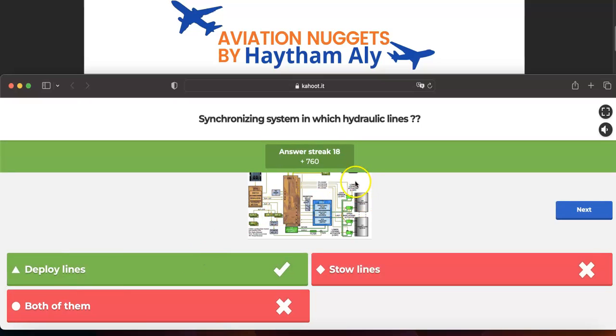The four actuators are synchronized by a synchronizing system, thanks to the flexible shaft, which is integrated in the deploy hydraulic lines. We must have a synchronizing system to allow the thrust reverser to deploy to the same degree, and the four actuators to operate simultaneously at the same time with the same degrees or same percent.